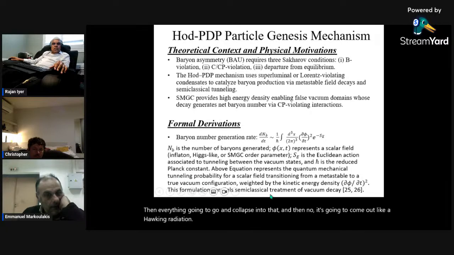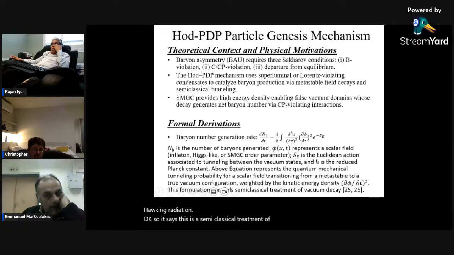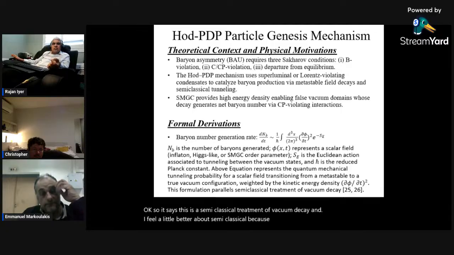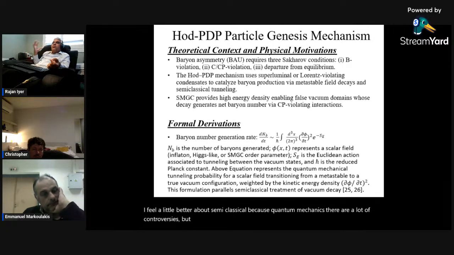Okay. So it says this is a semi-classical treatment of vacuum decay. And I feel a little better about semi-classical because in quantum mechanics there are a lot of controversies, but classical physics has a good thing that we can observe most of it. 80% of what the classical physics says we can observe in real life.